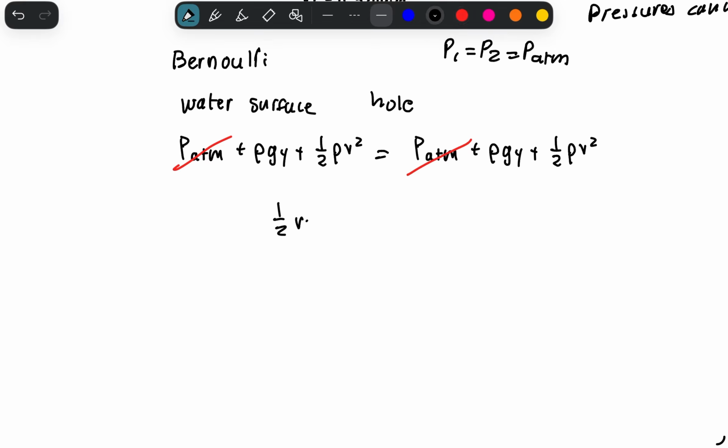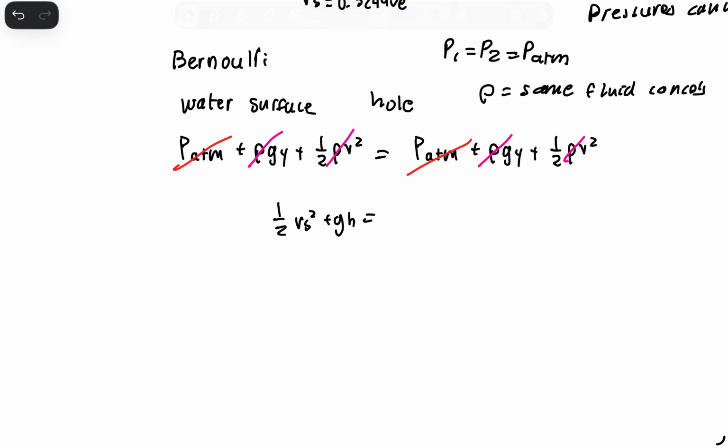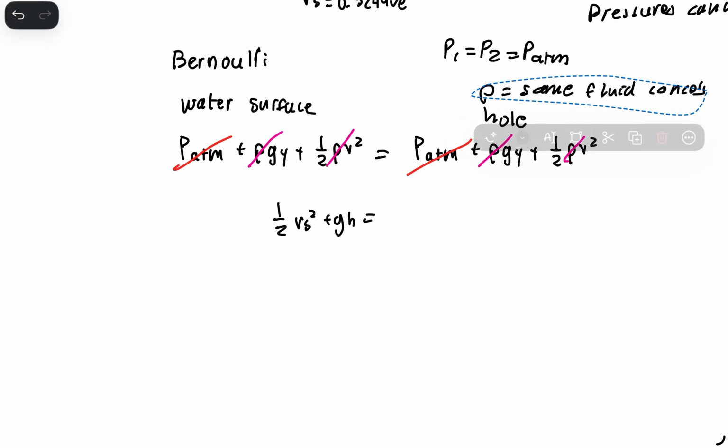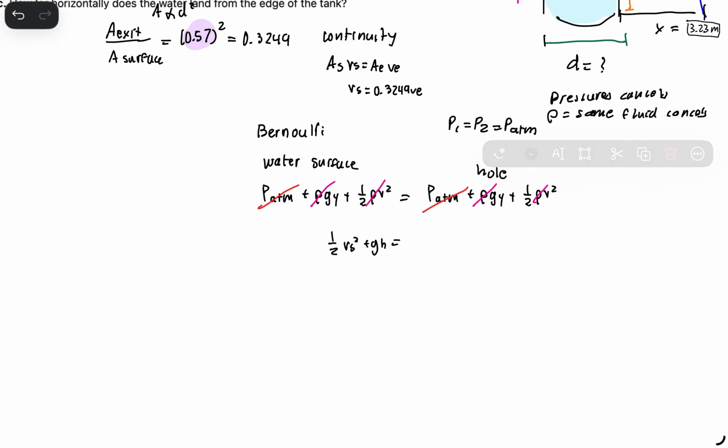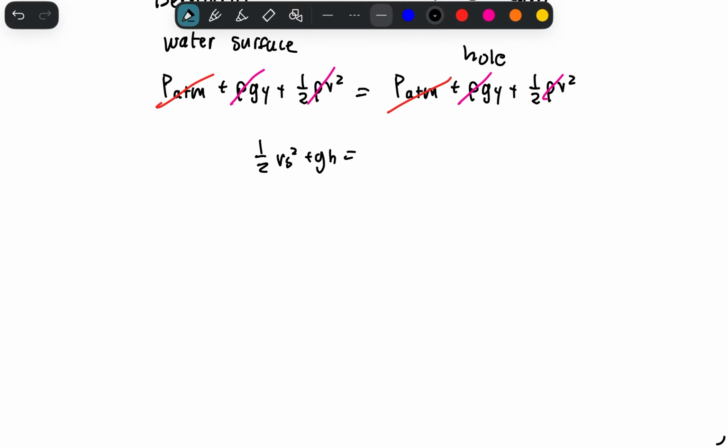So we'll have 1/2 VS squared plus GH. We can also see that these all cancel out because we have just water, one fluid. When you have one fluid, the rho always will cancel. So rho equals same fluid cancels. I'll write hole over here. So then this is going to simplify to this 1/2 VE squared.